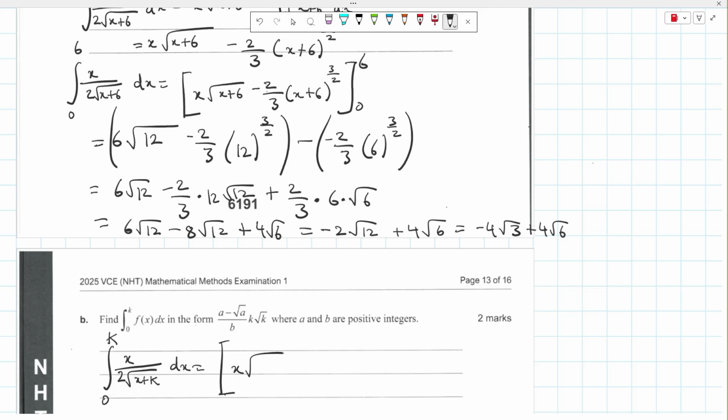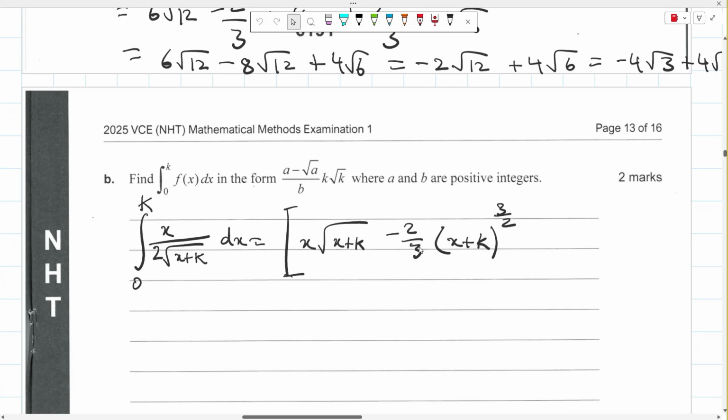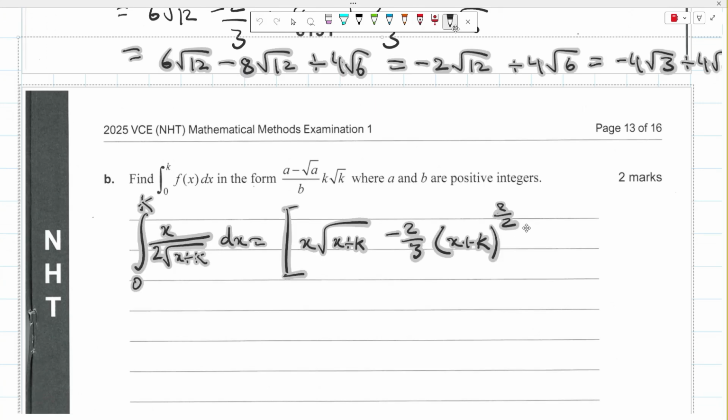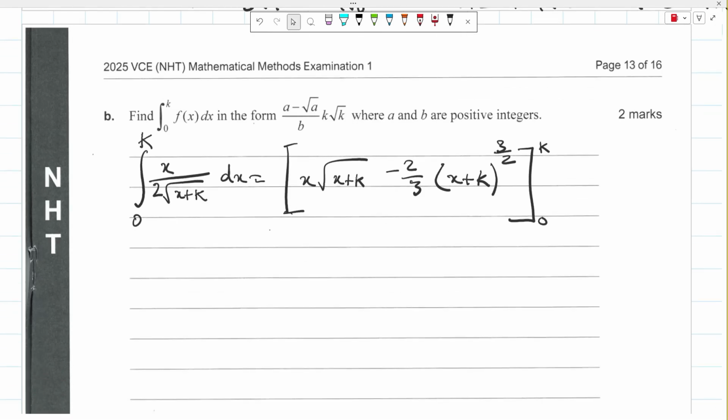So this is going to be x times root x plus k minus 2 over 3 times x plus, sorry, not 6, that's going to be k, to the 3 over 2. So we replace the 6 with a k, and then we simply want to evaluate this from 0 to k.